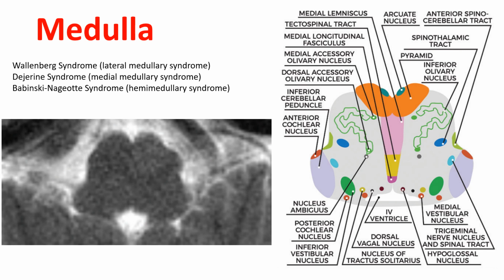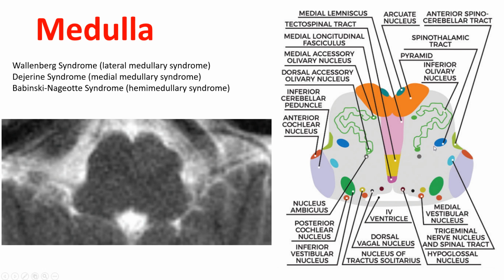The medullary syndrome. This is the MRI, and this is a corresponding diagram for the internal structure. We have to keep in mind the pyramidal tract in the anterior part of the pyramid. This is the olive, the inferior olivary nucleus on both sides, and the inferior cerebellar peduncles. The last four cranial nerve nuclei are arranged posteriorly.